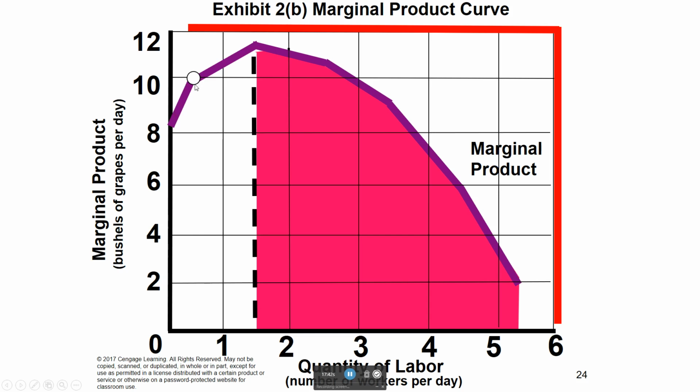So this is actually the marginal product of the first worker, but it's on 1/2. The marginal product of the second worker was 12. There it is. And then the third worker was 11. Now you can see here that curve starts to decrease after the second worker. So we say that the law of diminishing returns kicks in after that second worker.